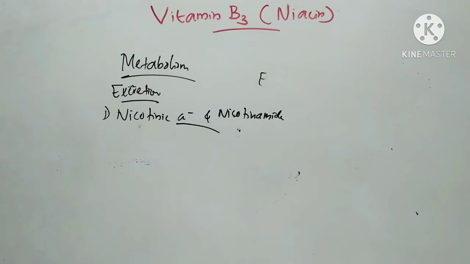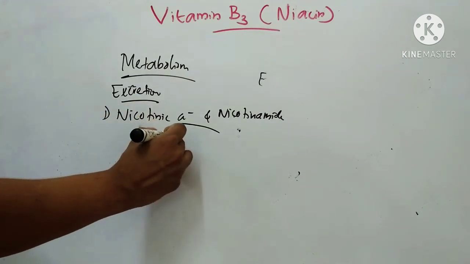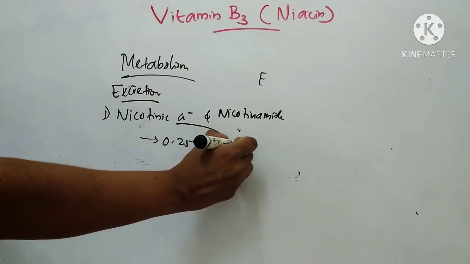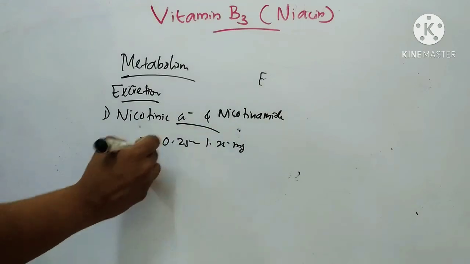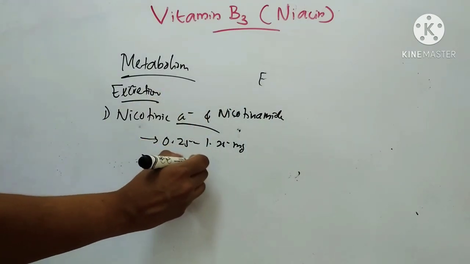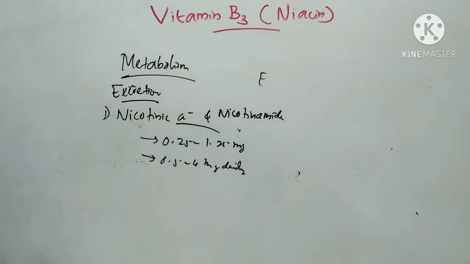Normal adults on normal diet excrete both nicotinic acid and its amide in urine. That is, nicotinic acid excretion is about 0.25 to 1.25 mg daily. Then coming to nicotinamide, it is about 0.5 to 4 mg daily. This is the excretion in urine.